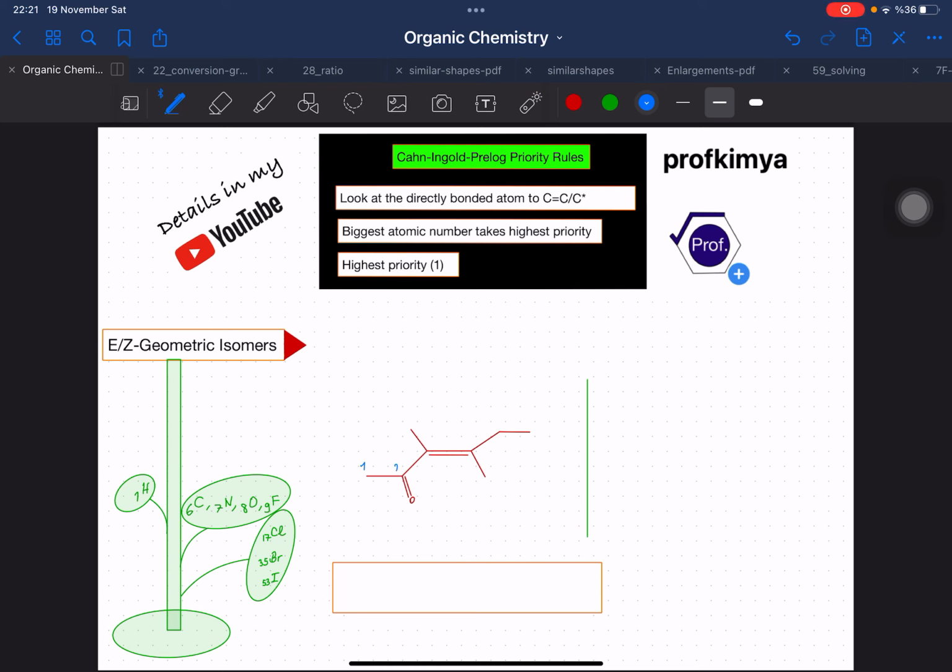Number 1, 2, 3, 4, 5, 6. So 6 carbon containing molecules, we call it hexane.